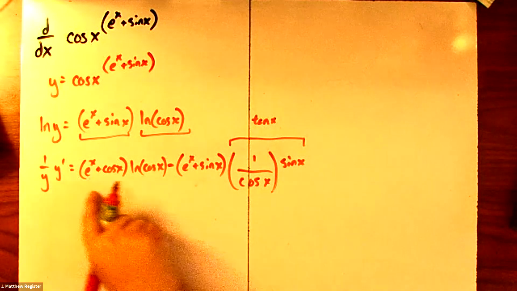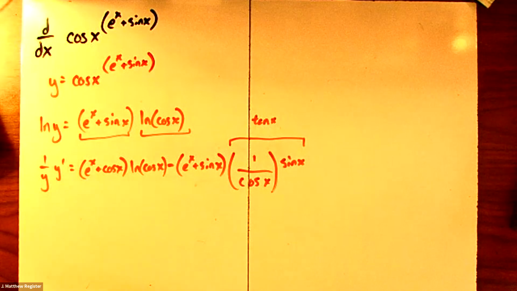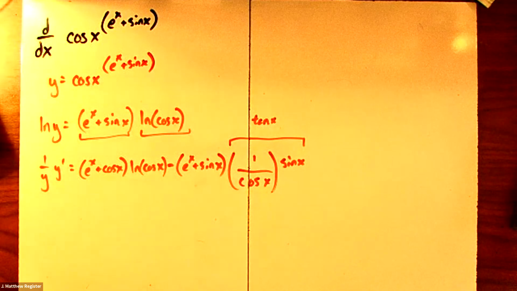But now we've almost got our answer. We just need to bring our y up. And we already know that y is equal to cosine of x to the e to the x plus sine of x.